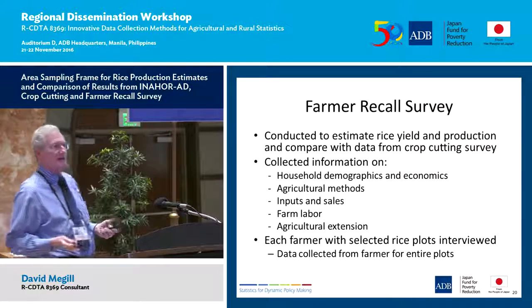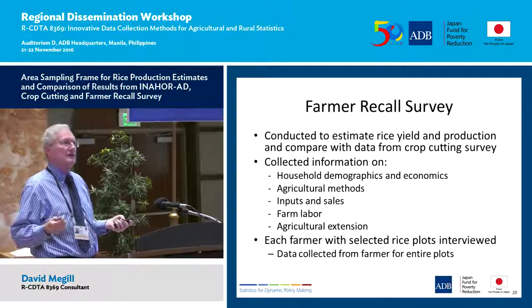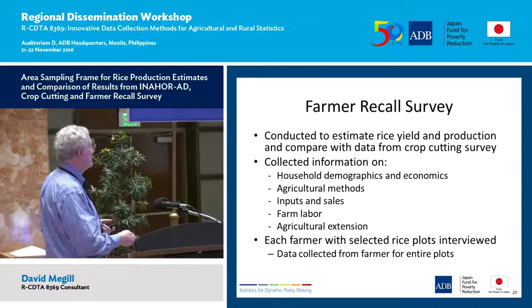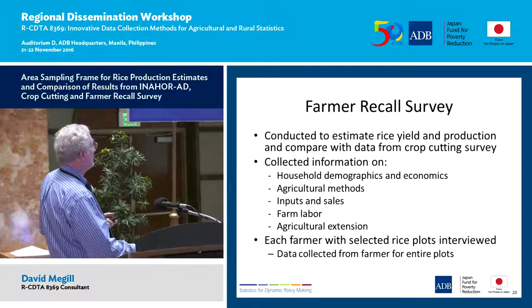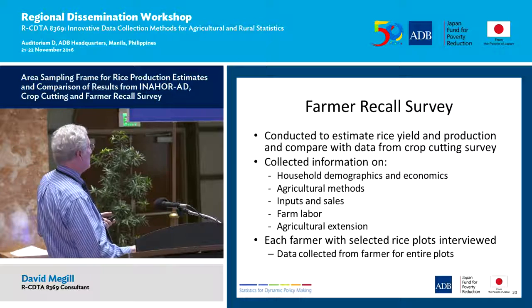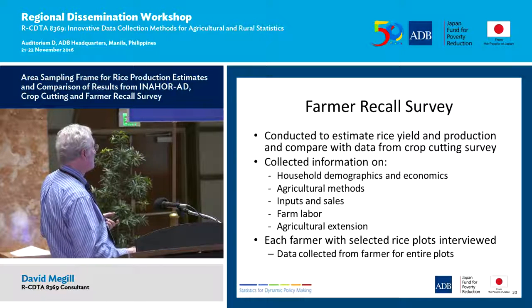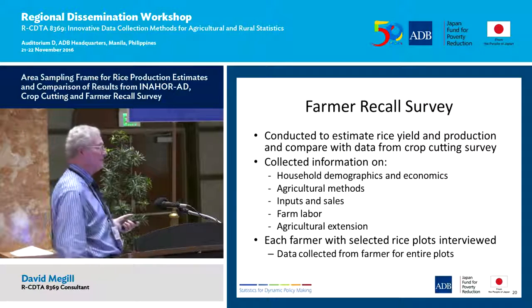In addition to that, we wanted to analyze different characteristics of the farm households. So they collected information on the household, agricultural methods, inputs and sales, farm labor, agriculture extension.